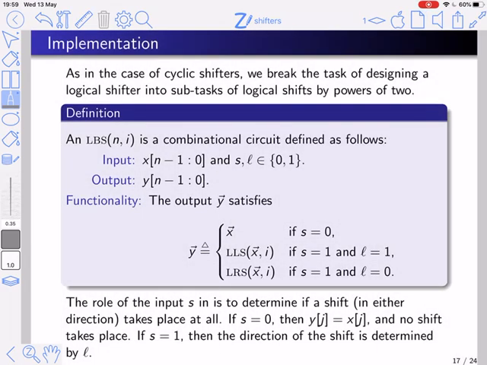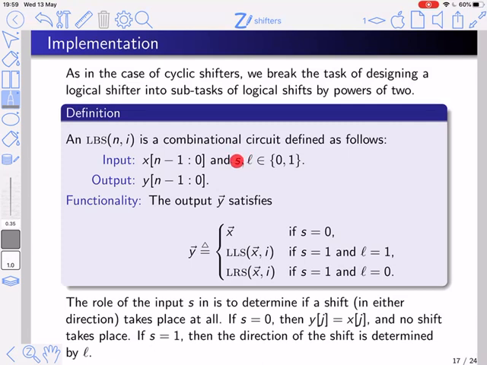Okay, so let's try to implement a bidirectional shifter. We'll break it into stages as we did in the cyclic shifter. We will have a logical bidirectional shifter of n bits by 2^i positions. The input is x, and 2 bits of control.